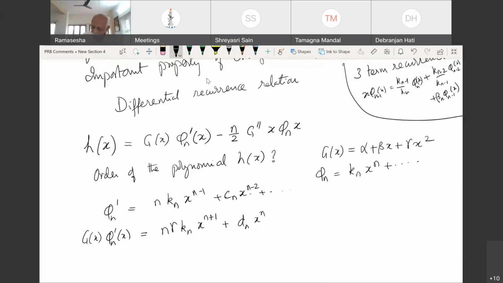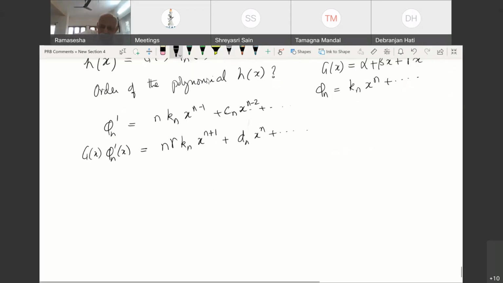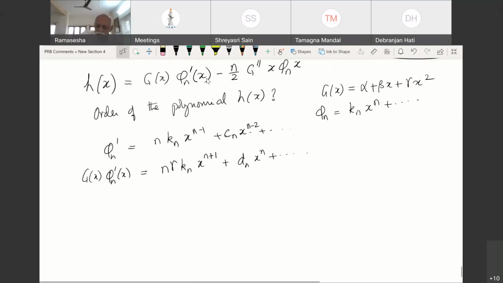The first term, G of x P n prime x, has leading term n gamma K n x to the power n plus 1.